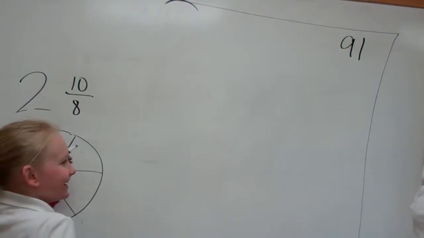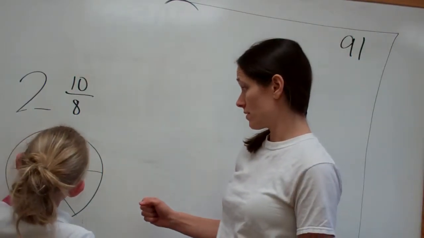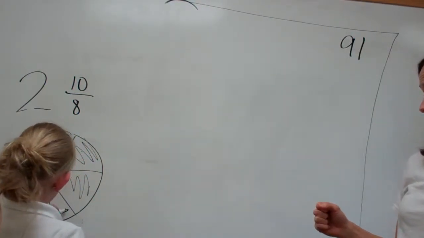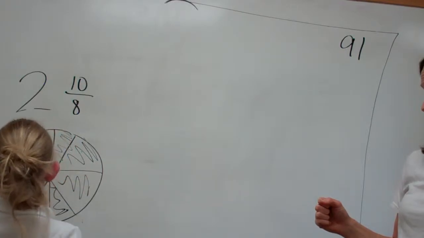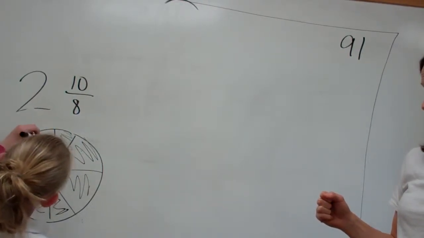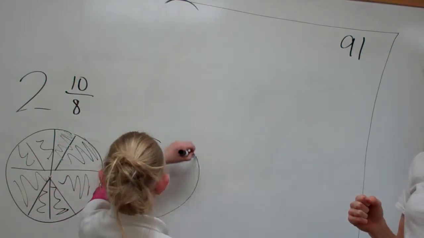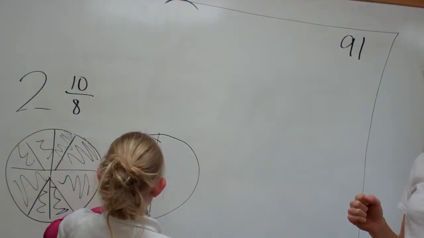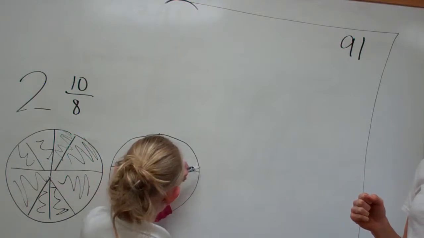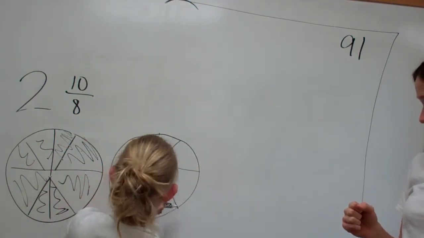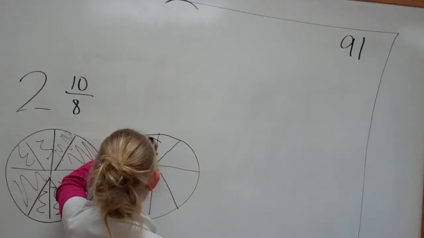Is there 8? There are 8 in that one. 1, 2. Uh-oh, so what you gotta do? Yep, you're right. It's hard to do, isn't it? Okay. And then 2, 1.